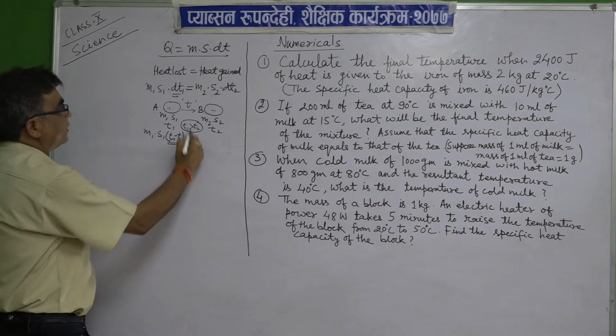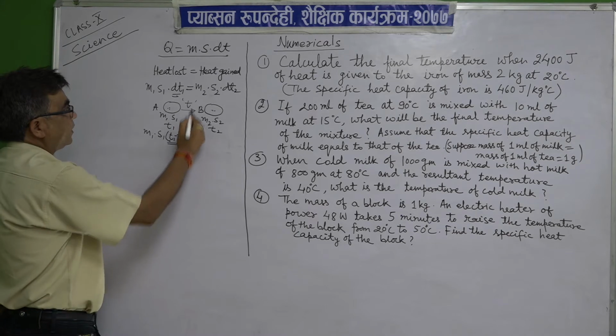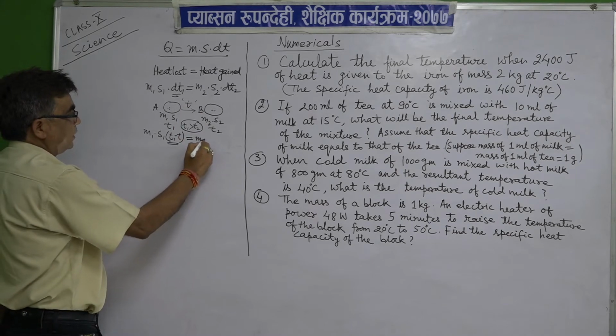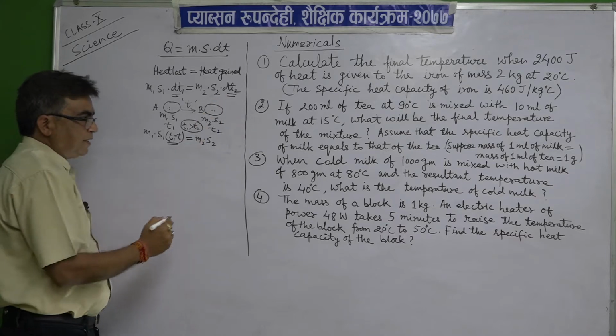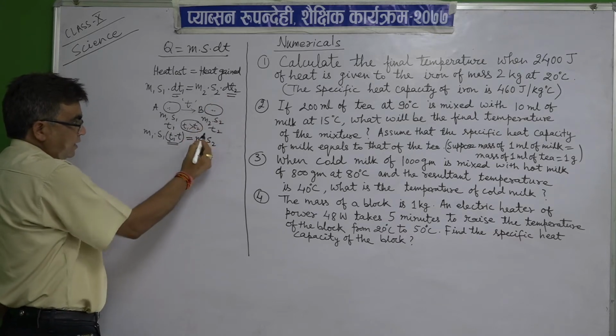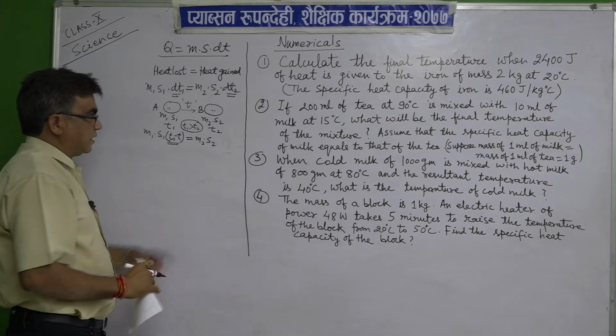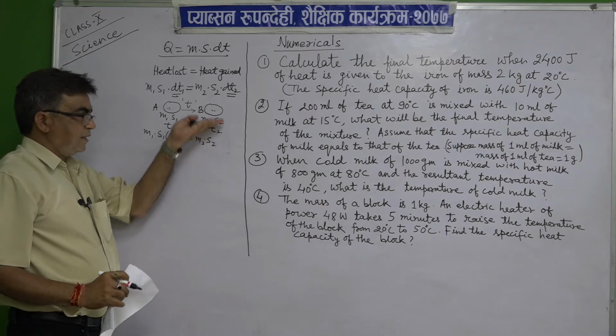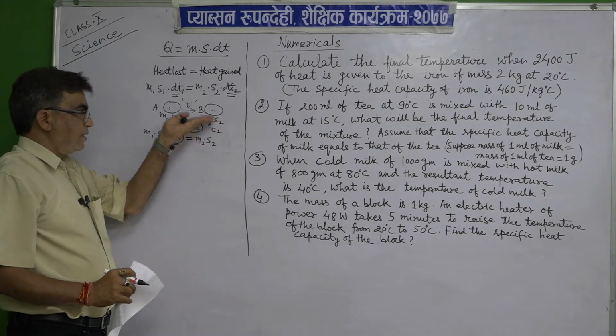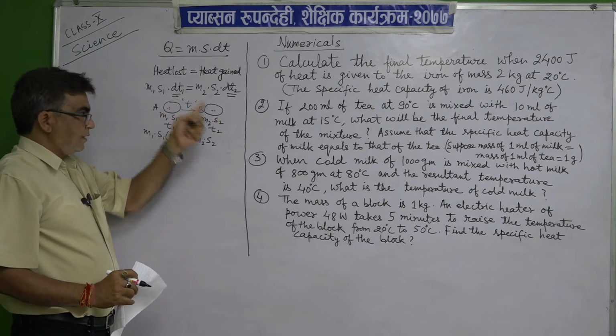This will be equal to m2 into S2 into d2. What is the temperature difference for body B? Initially it was at temperature T2, but it starts gaining heat, so its temperature will rise up to T. So T is greater than T2.